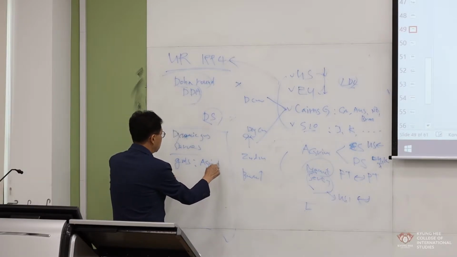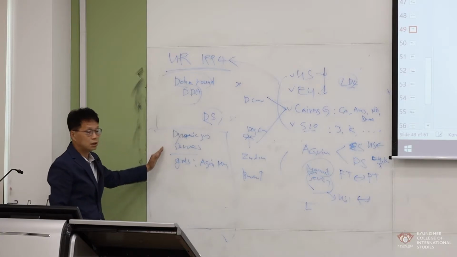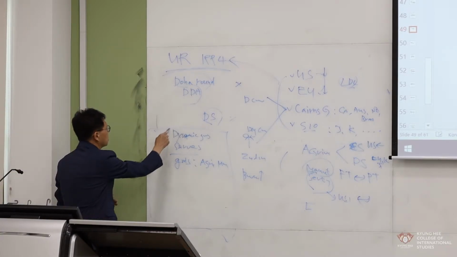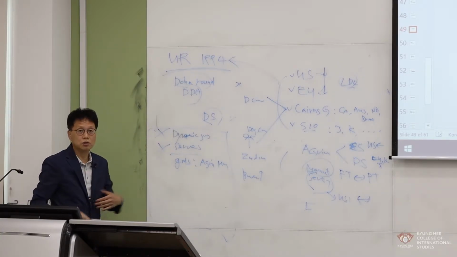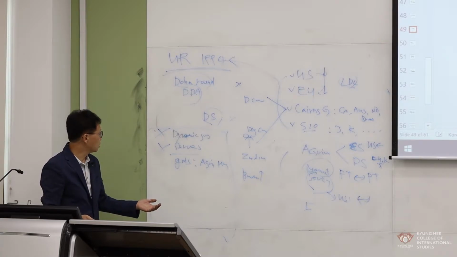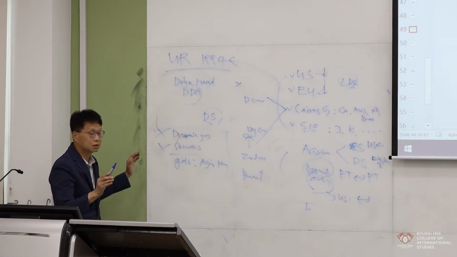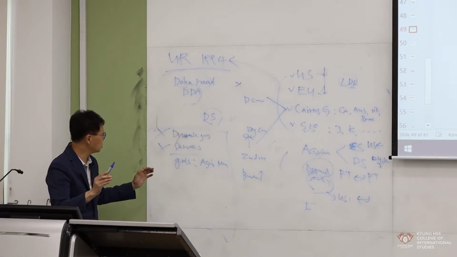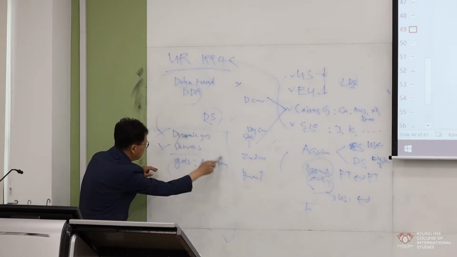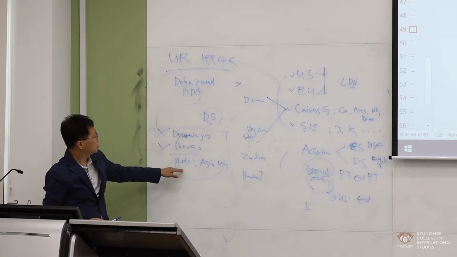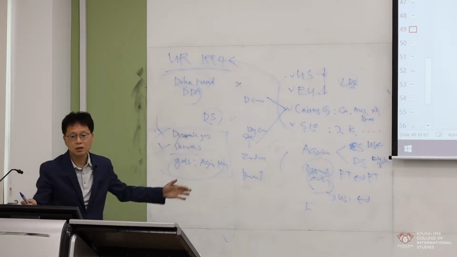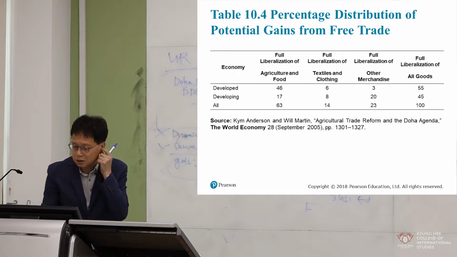But this analysis skips this one. Also, the analytical tools are a static model instead of a dynamic model, right? Just a static model. Focus on free trade in goods, right? Then how to explain this?